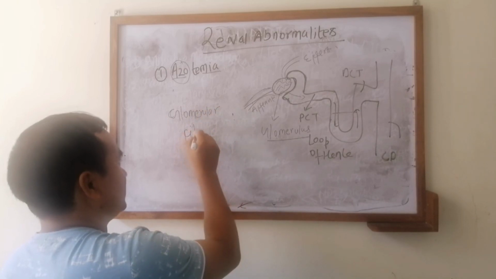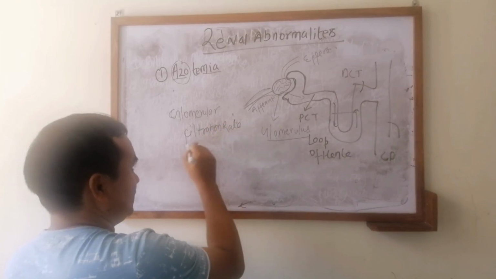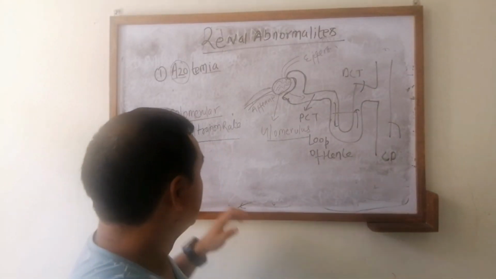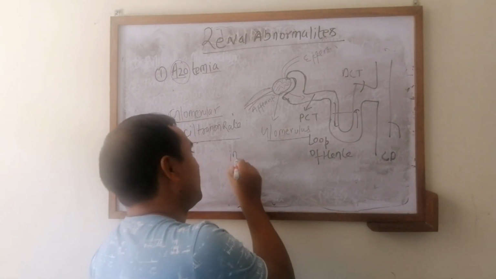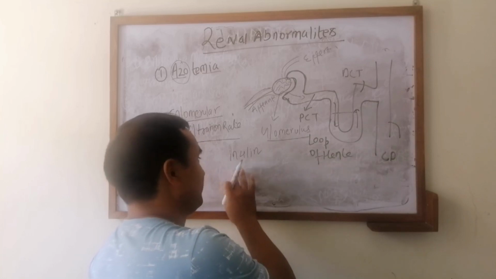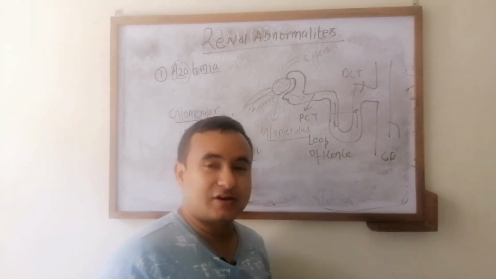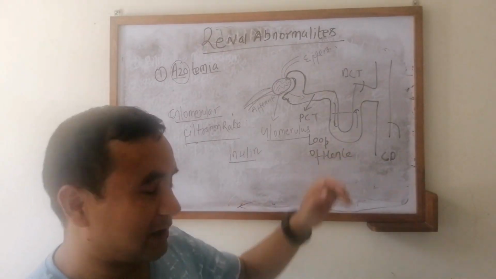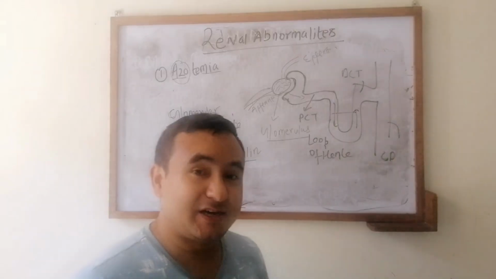Glomerular filtration rate. Theoretically, we can calculate the glomerular filtration rate with the help of an inert substance like inulin, which is only filtered in the glomerulus, neither absorbed nor secreted in the tubules, and that inulin will pass in the urine, and we can calculate the GFR with the help of inulin theoretically.